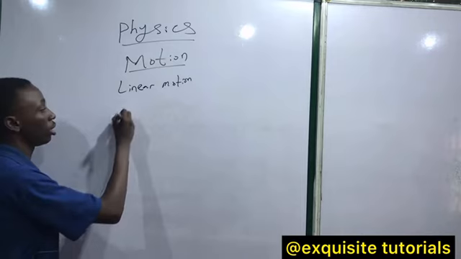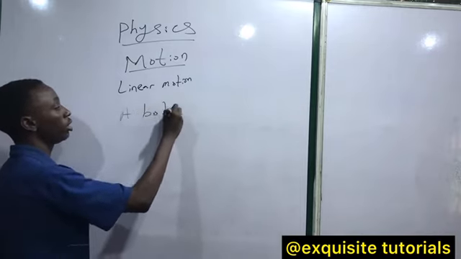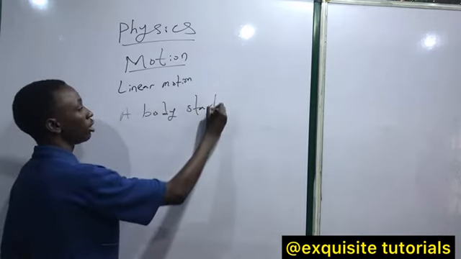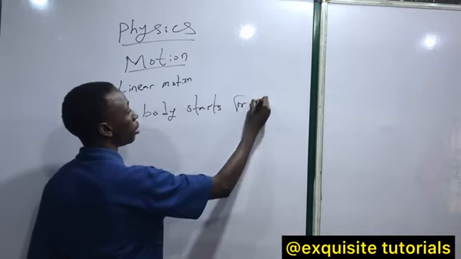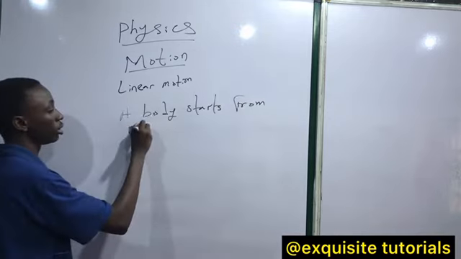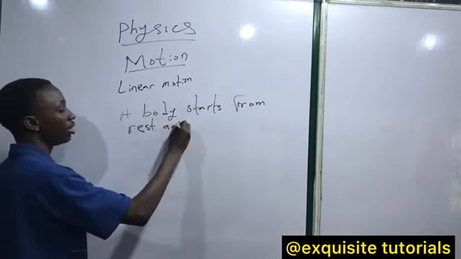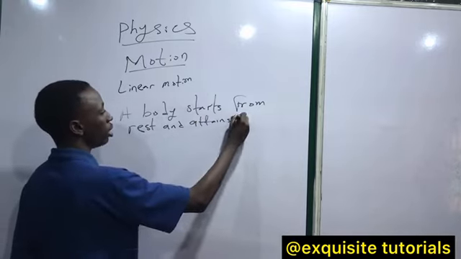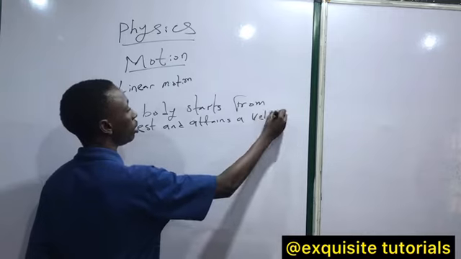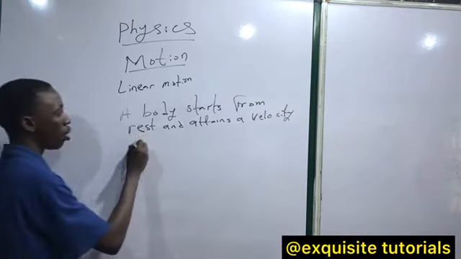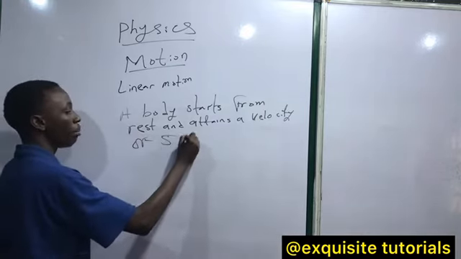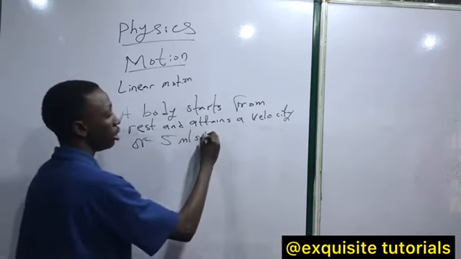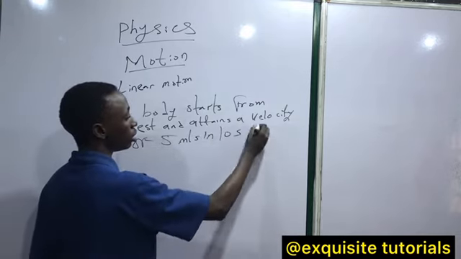Let's say a body starts from rest and attains a velocity of 5 meters per second in 10 seconds.